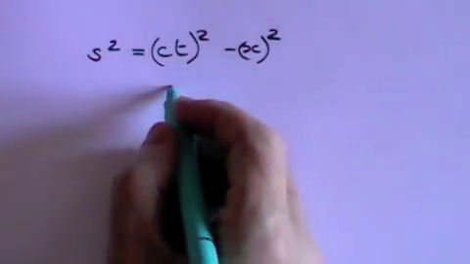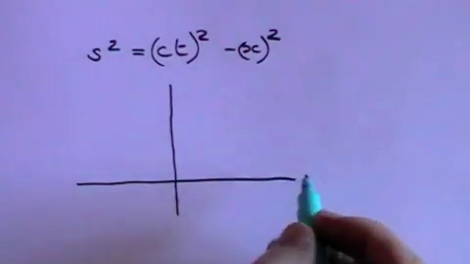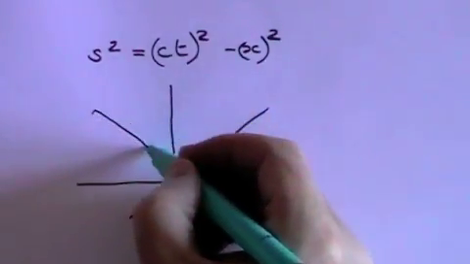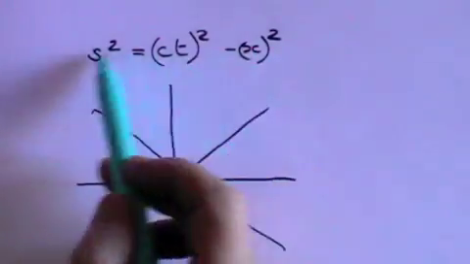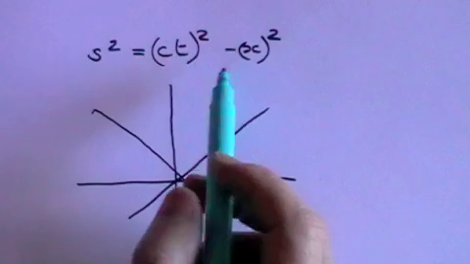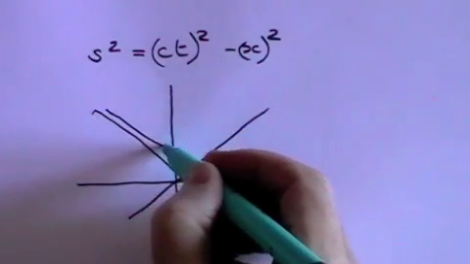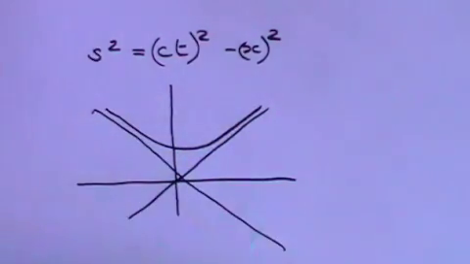And what does that look like on a space-time chart? Well, here's the space-time chart. Here's the speed of light at the 45-degree angle. And what this formula looks like when plotted on this chart is something like this. It's what's known as a hyperbola.